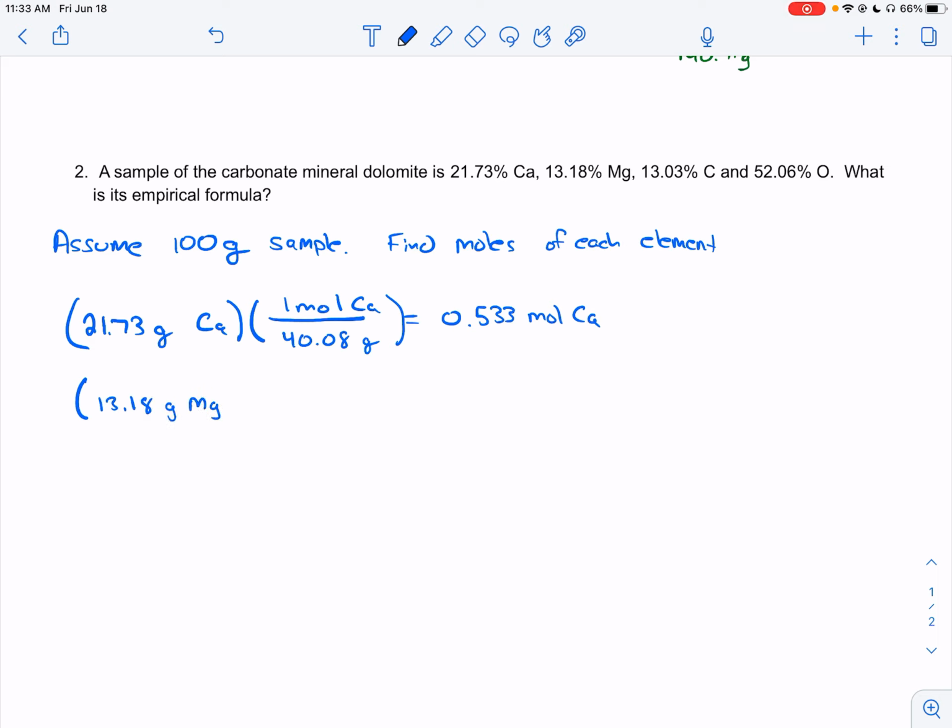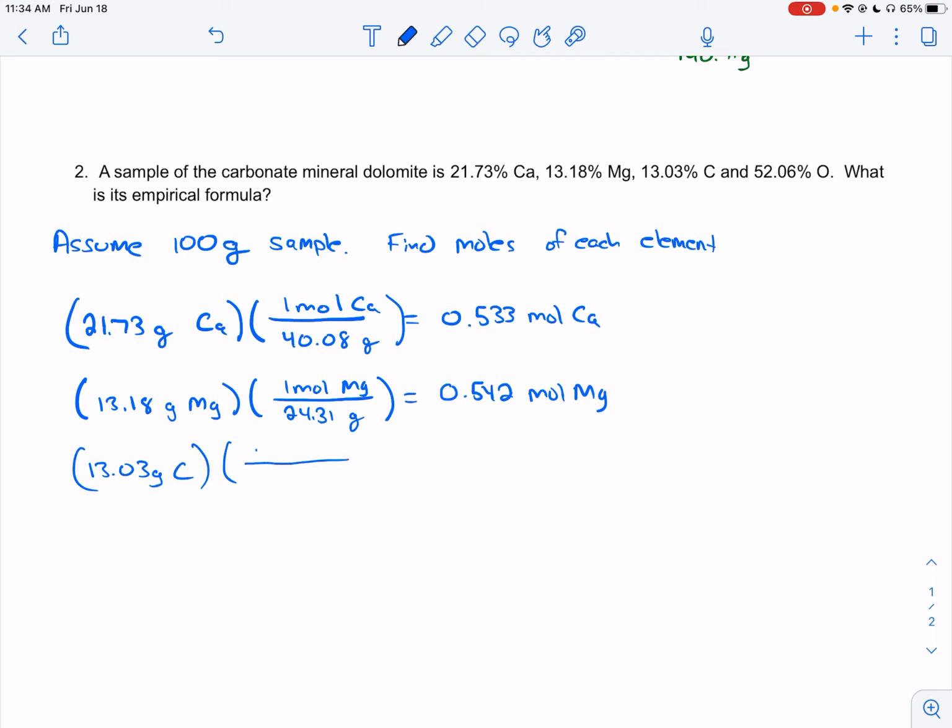So magnesium, 13.18 grams, divided by the molar mass. Look that up, 24.31. So when we divide that, we get 0.542 moles of magnesium. Carbon, we have 13.03 grams of carbon divided by its molar mass, 12.01 grams, and we get 1.085 moles of carbon.